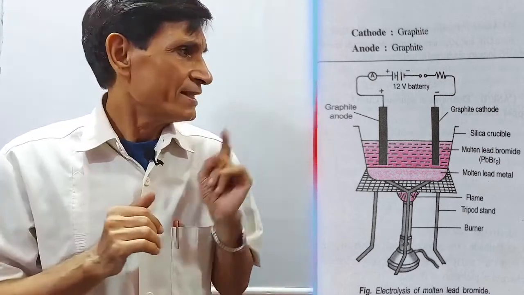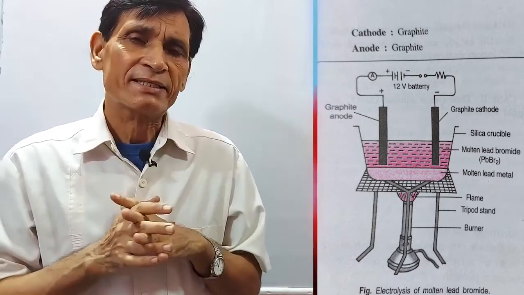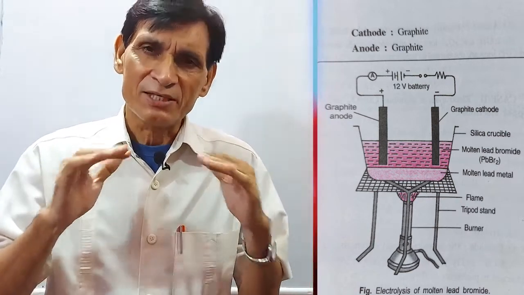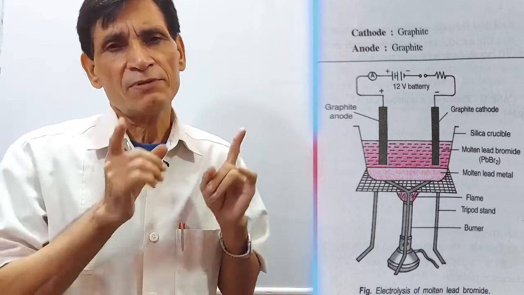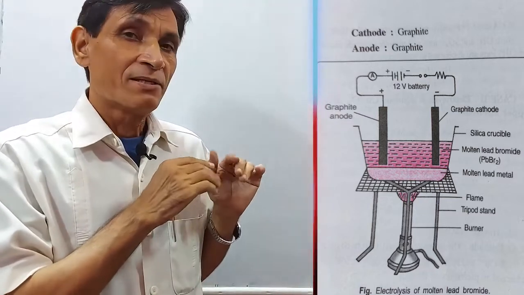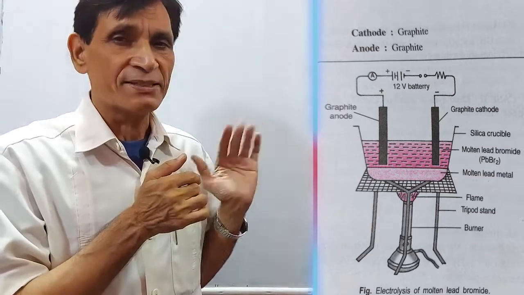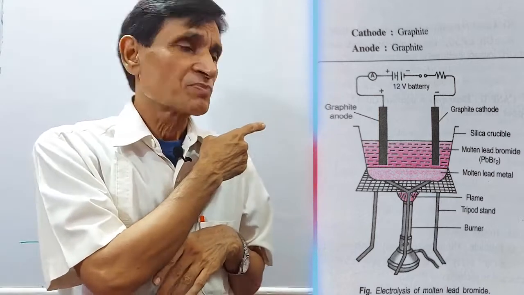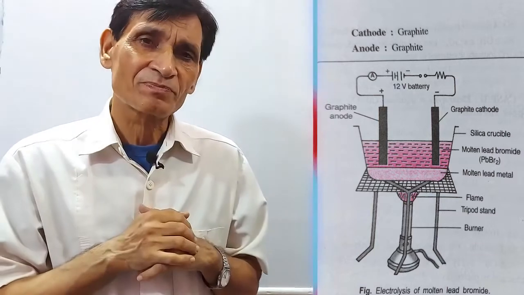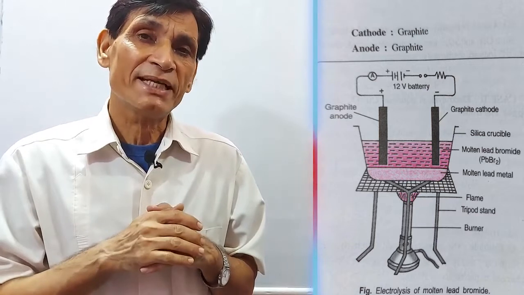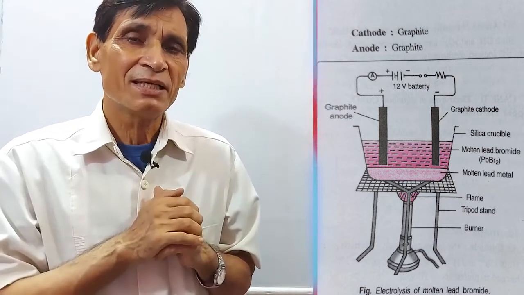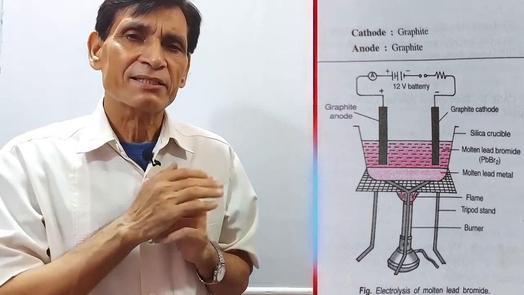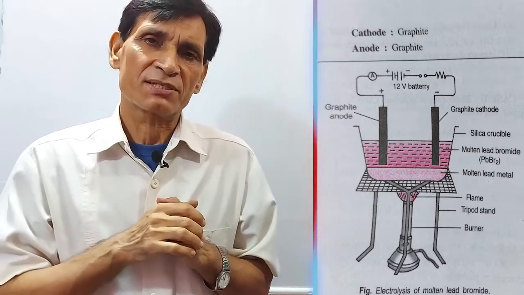Therefore, lead produced at the cathode remains in liquid state because the temperature of the electrolyte, about 381-382 degrees, is more than the melting point of lead, 327 degrees. This is why lead produced at the cathode is in liquid state.